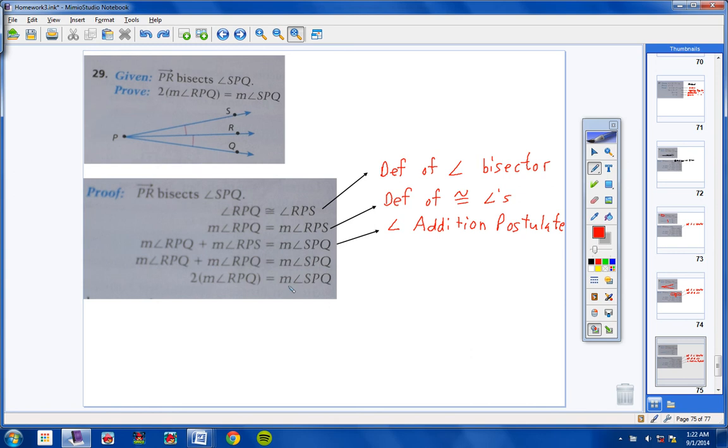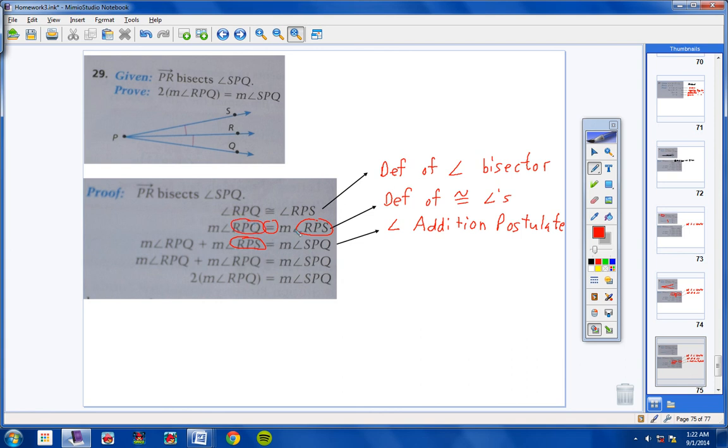Now let's see what they do next. Okay, it looks like next they're going to make a substitution. Okay, now watch this. Right here I have angle RPS. Now look up here at step 2. Notice angle RPS equals angle RPQ.